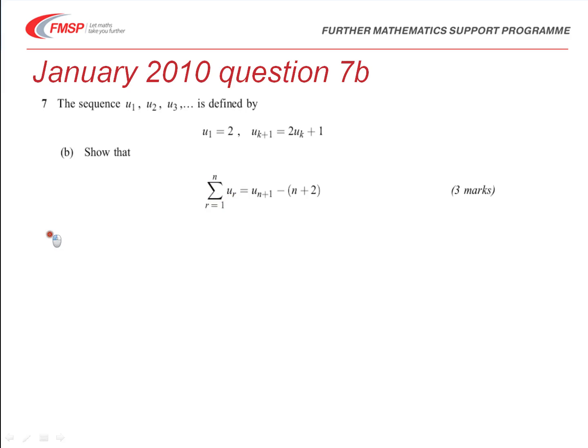So we know then that the sum from r equals 1 up to n of u_r is equal to, well, each term u_r we have just shown is equal to 3 times 2 to the r minus 1, minus 1.